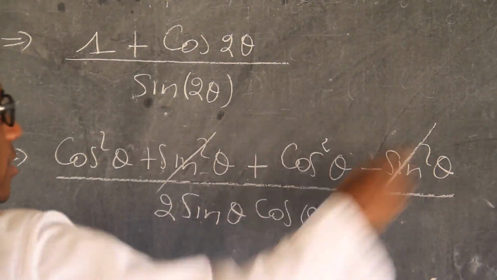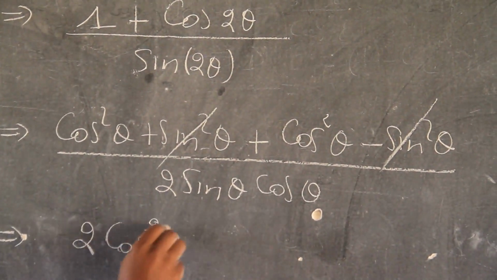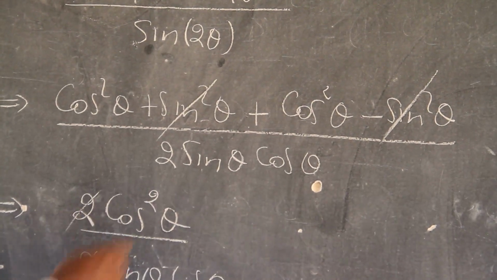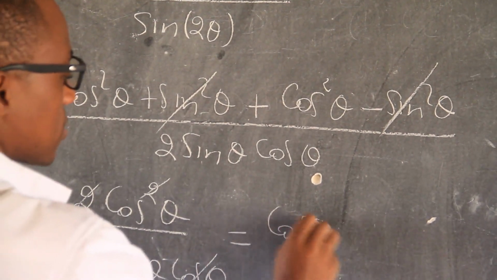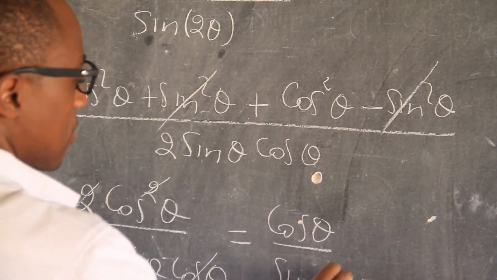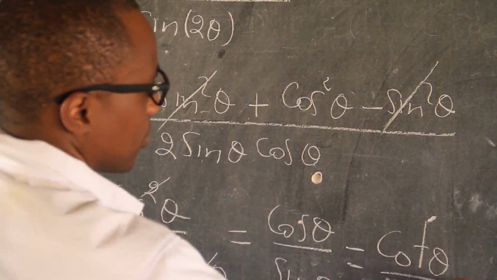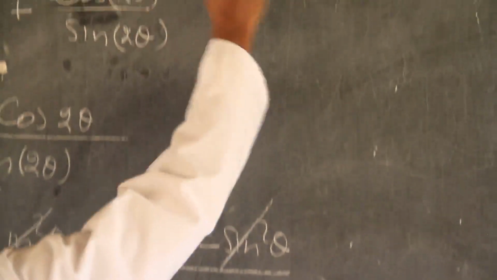So sine and sine will go. I remain with 2 cos over 2 sine cos. So 2 and 2, cos and cos, I remain with cos over sine. Cos over sine is cotan. Oh my gosh. So proved. See that the cotan exists.